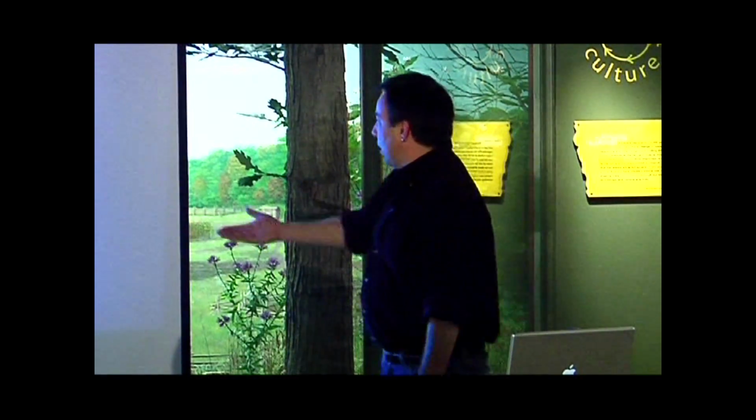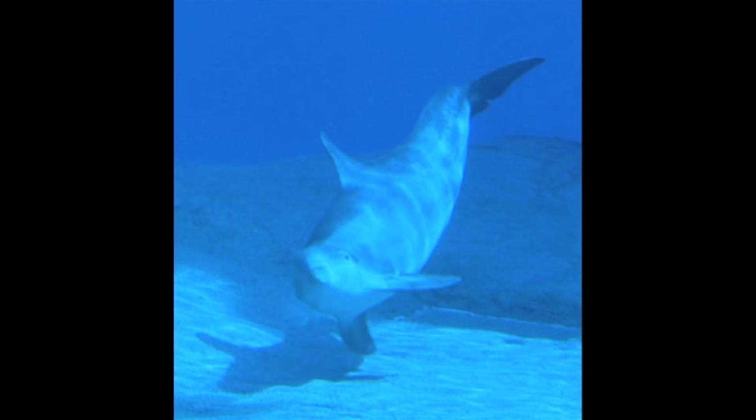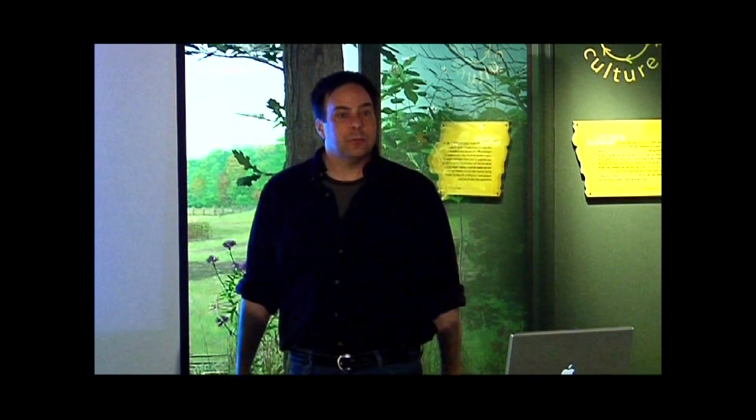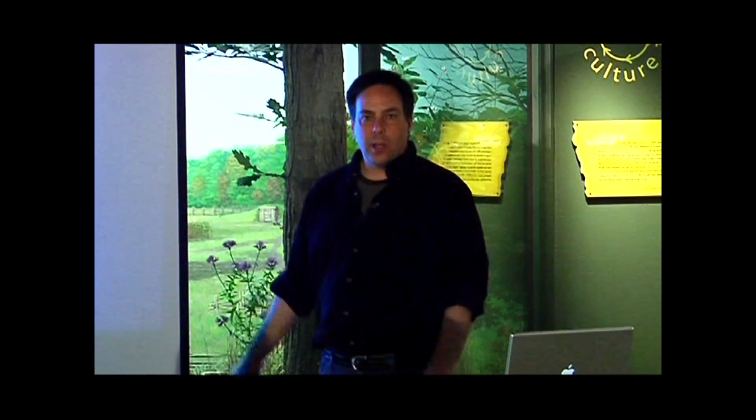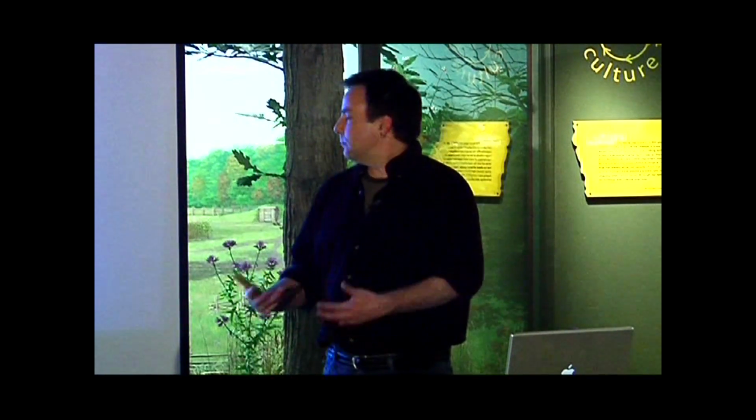Another quick example, a dolphin. Whales, dolphins, don't have hind limbs. If you look at the skeleton, they've got a little bit of a remnant of their pelvis, maybe a remnant of the femur, but no actual hind limb. And yet, they're mammals. Okay, the females give milk to their young, they breathe air, they're warm-blooded.